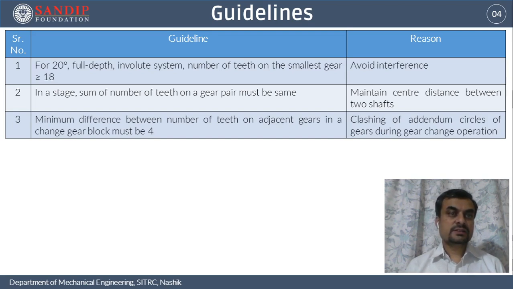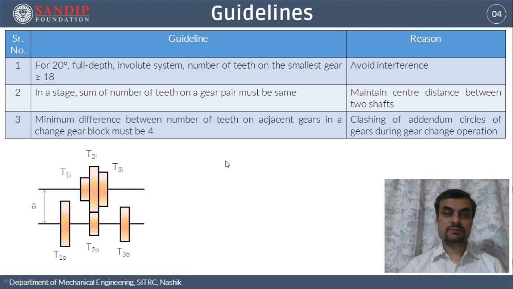The second guideline is in a stage, sum of number of teeth on a gear pair must be same. The reason behind this guideline is to maintain the center distance between two shafts.